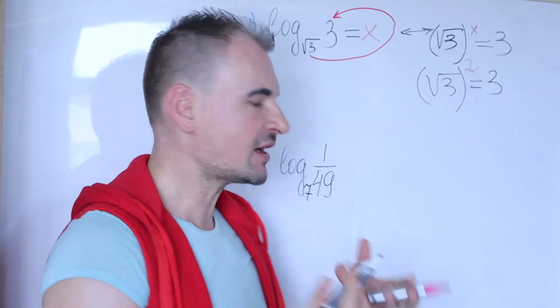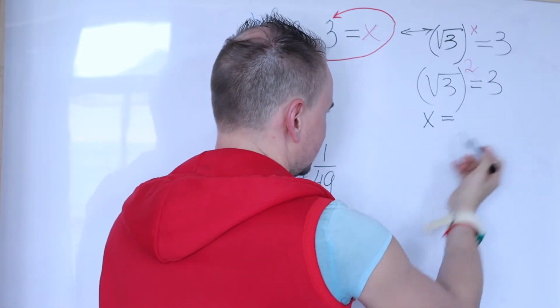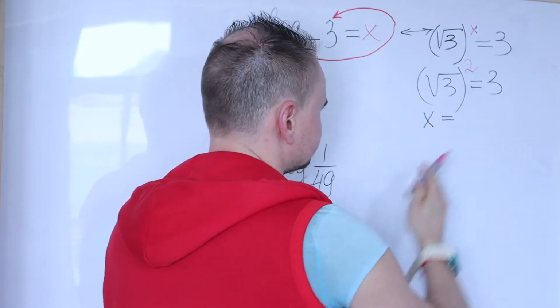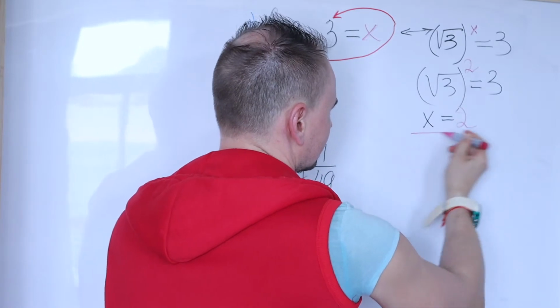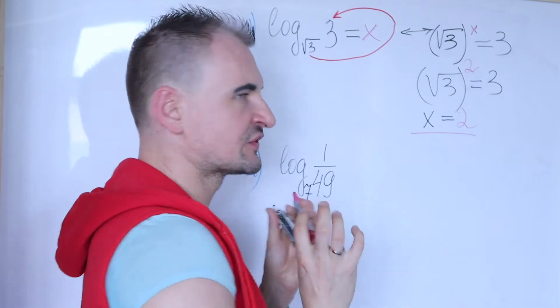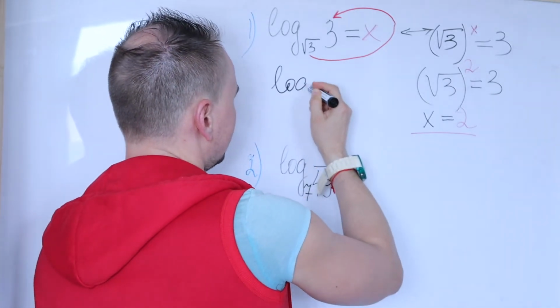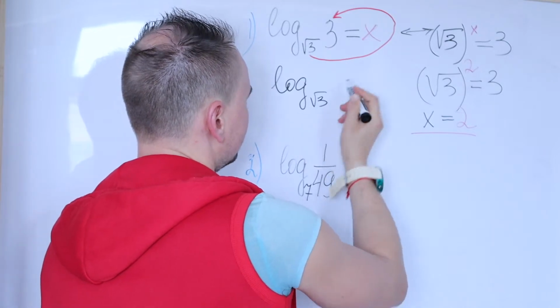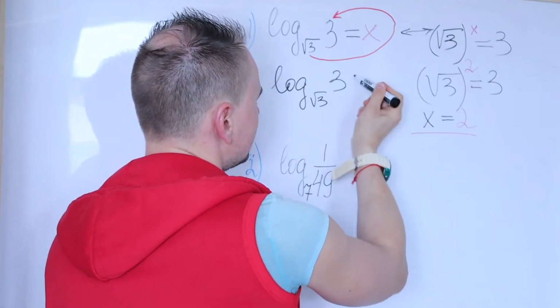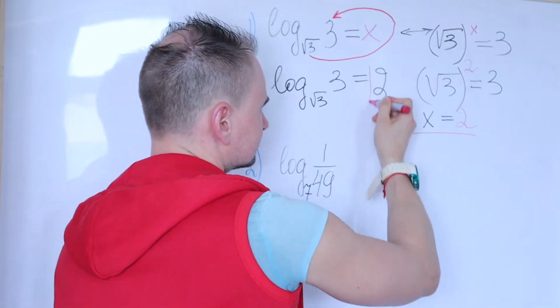So you will conclude that your x is simply 2. So that basically gives you the answer for your logarithm. So your entire logarithm to the base root of 3 is just 2.